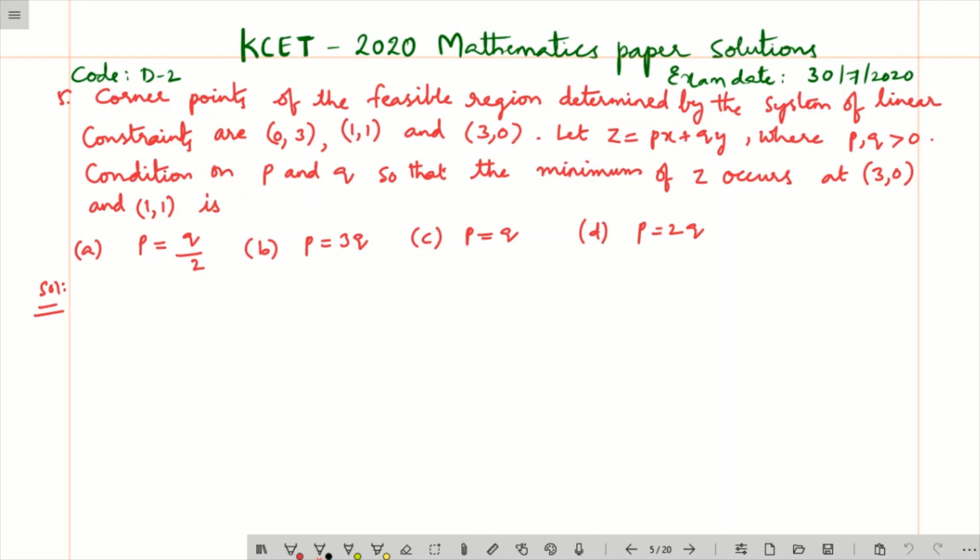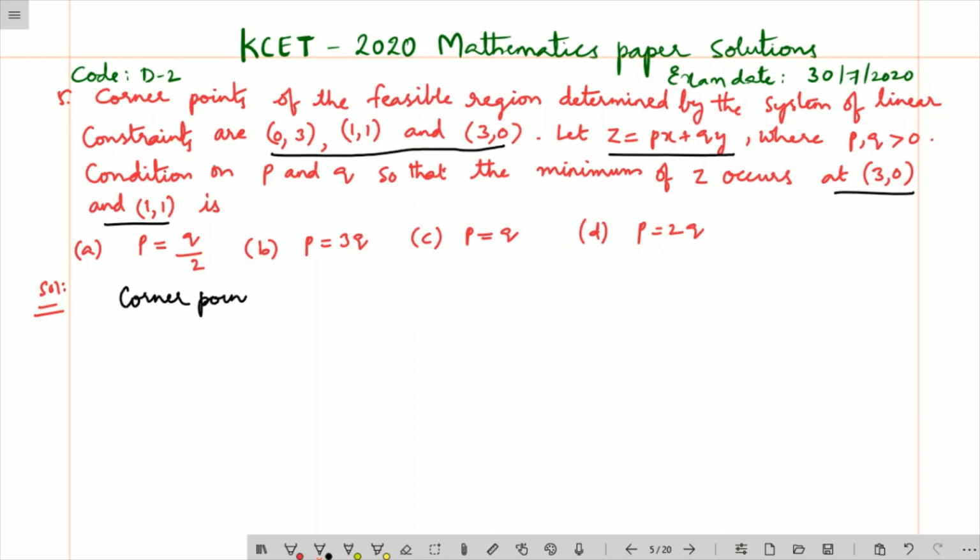Corner points of the feasible region determined by the system of linear constraints are 0, 3, 1, 1, and 3, 0. Let Z is equal to Px plus Qy, where P, Q greater than 0. Condition on P and Q so that the minimum value of Z occurs at 3, 0 and 1, 1. Okay, in this question, for the feasible region determined by the system, corner points are given.